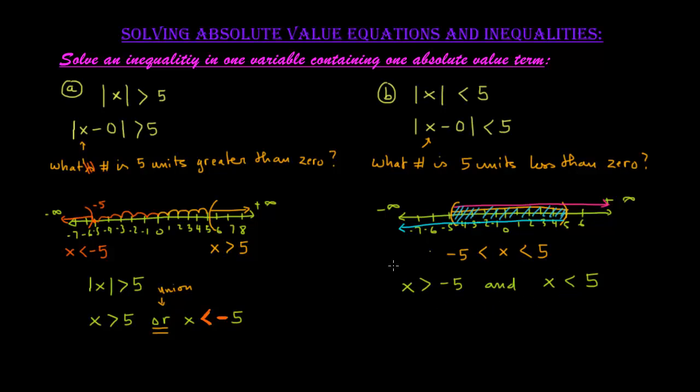Writing the problem this way helps me figure out the concept, because if I bring down the original problem, absolute value of x less than 5, next to this one, I can put them as x less than 5 and x greater than negative 5.